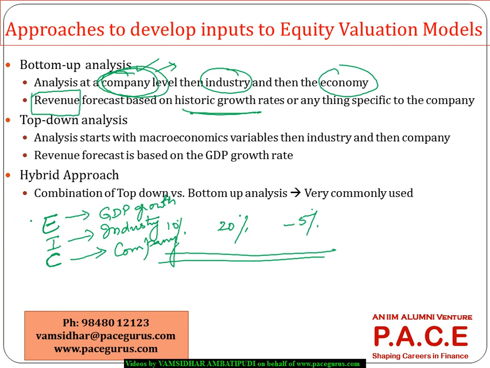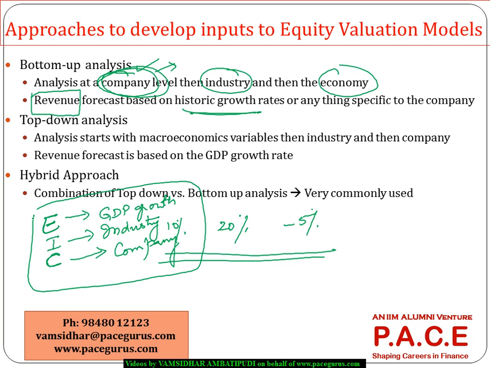When I am doing this kind of analysis, starting at the economy level, then the industry, then the company level, the revenue forecast of the company will not come from the previous growth rate of the revenues, but is a function of the projected economic growth as well as the projected industry growth, which will result in the company's revenue growth. This kind of approach is what we call the top-down analysis.